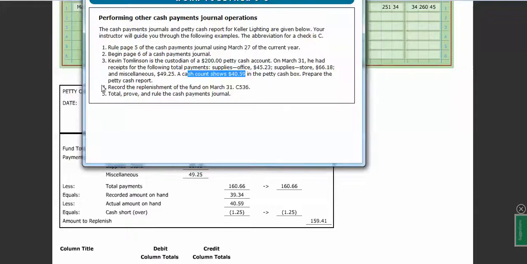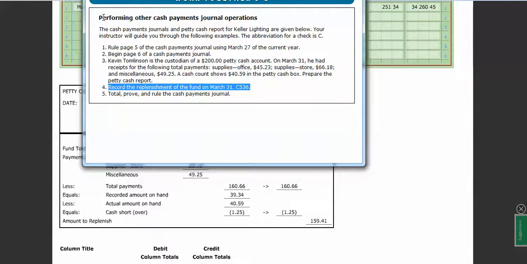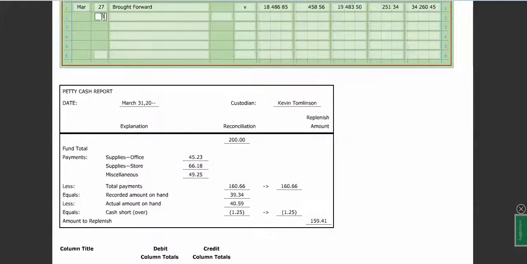Now what we need to do is record the replenishment of the fund on March 31st with our check C536. So we're going to come up here. The date again was March 31st, so we're going to do 31. We're going to list our expenses. In this case, we're going to do supplies office.